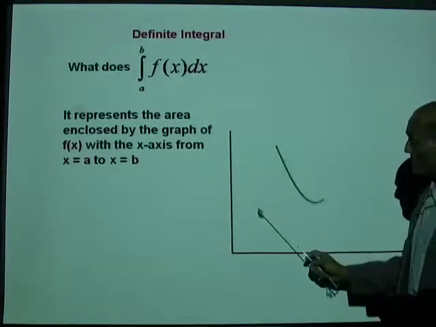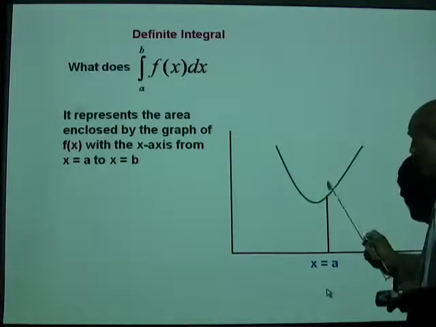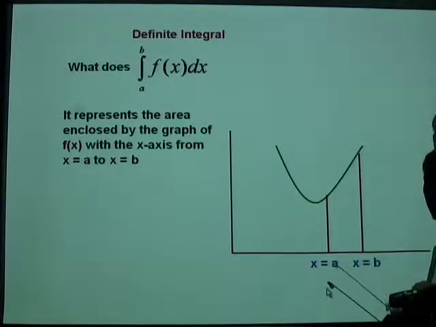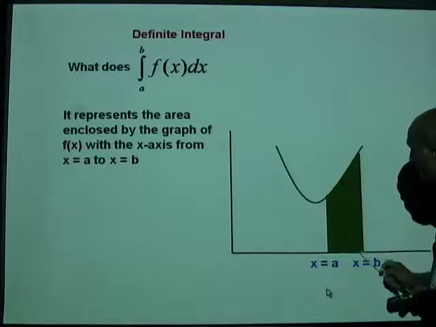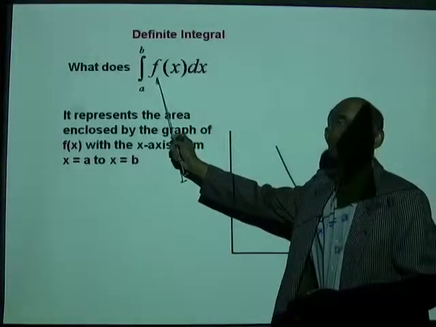Now, suppose we have this function of x, f of x, and this is x equal to a, and this is x equal to b. Now, shade that area. This area is actually given by this definite integral.